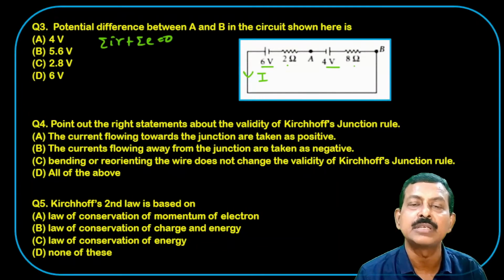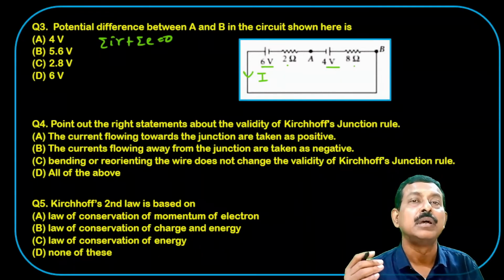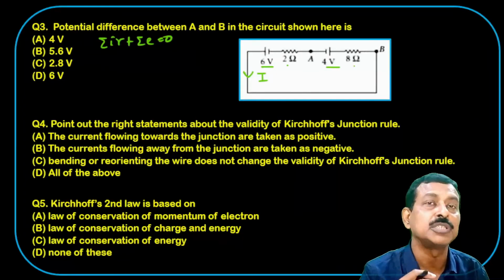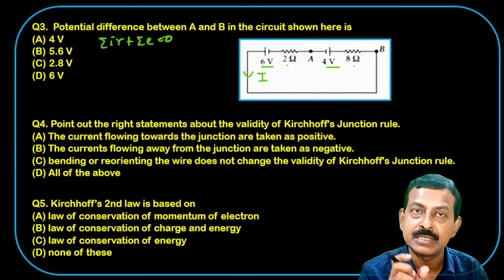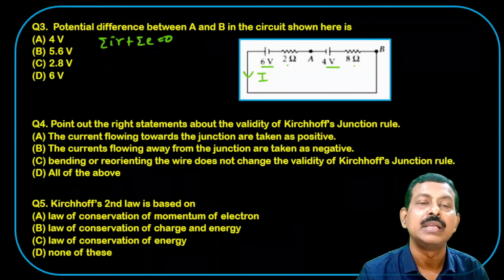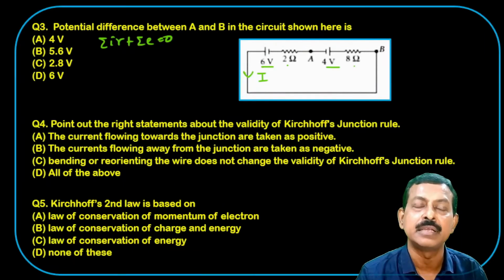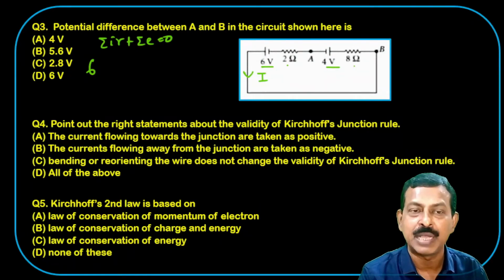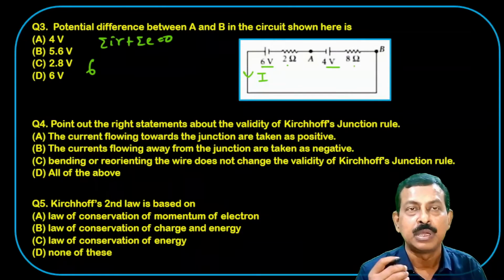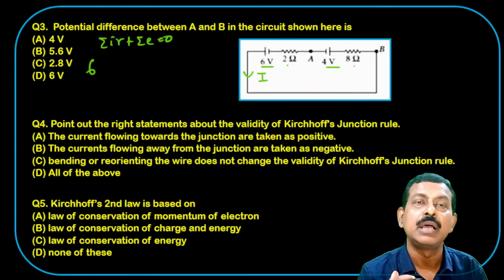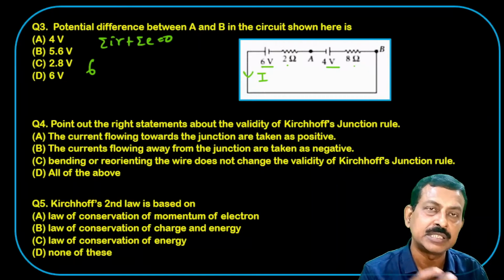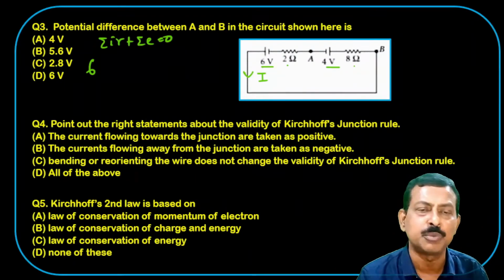Here, for this cell, when we are moving from negative to positive terminal and we take rise in potential as positive, this one will be taken as positive. So it is 6 volt here. In the passage it was given that when we encounter the negative terminal of the cell first, it is taken as negative; we are taking just the opposite there.